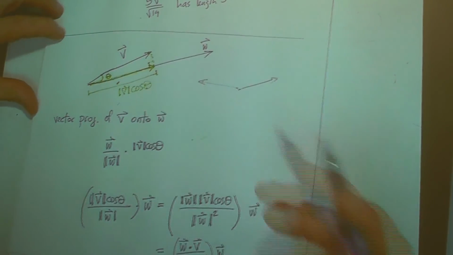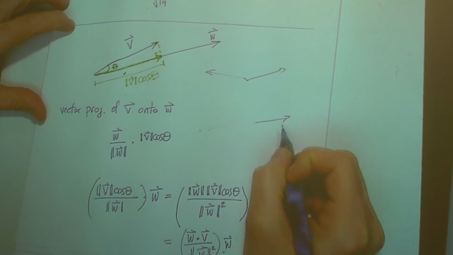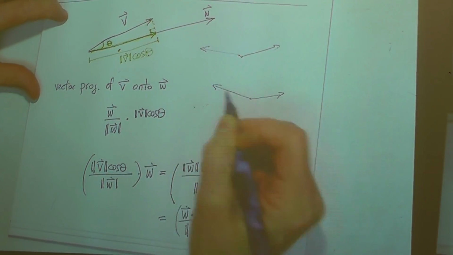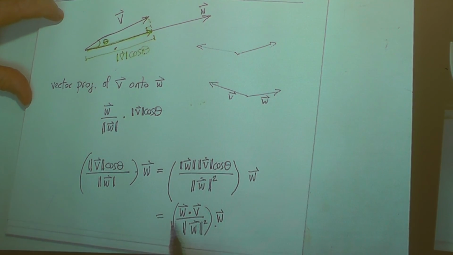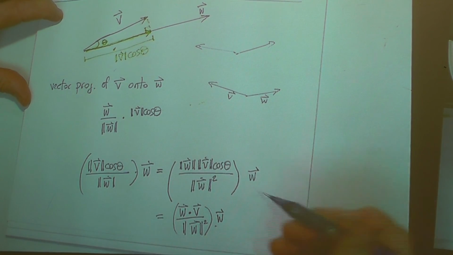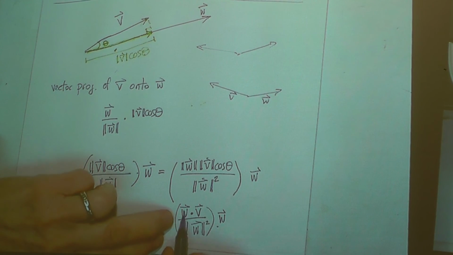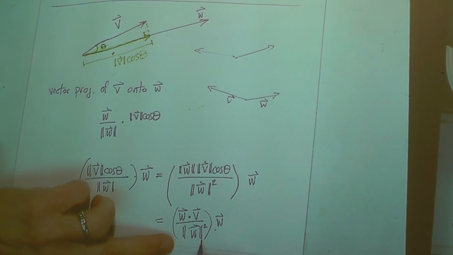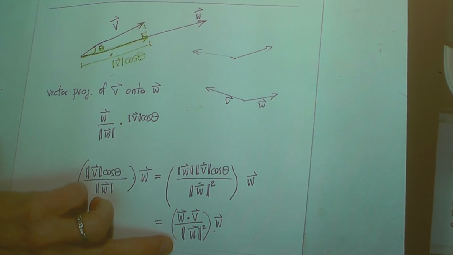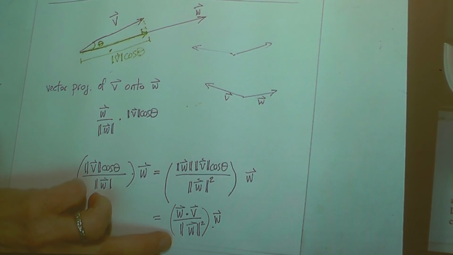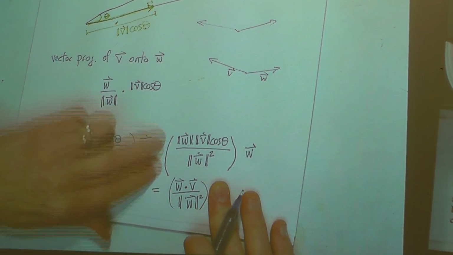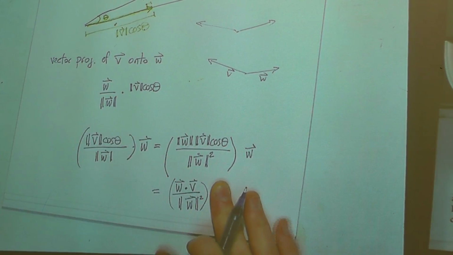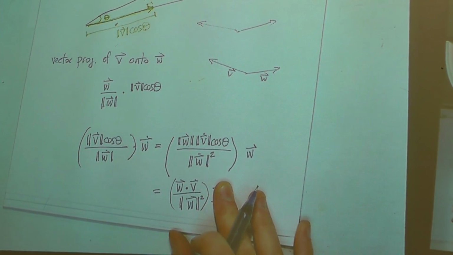Okay? Notice that if the picture looks like this, W dot V is negative. And what's going to happen is this scalar sitting in front is negative. It's going to pull you back in the other direction. Okay? The length of this vector, which is the absolute value of this, that's a scalar projection.